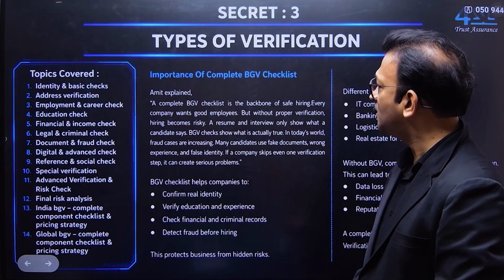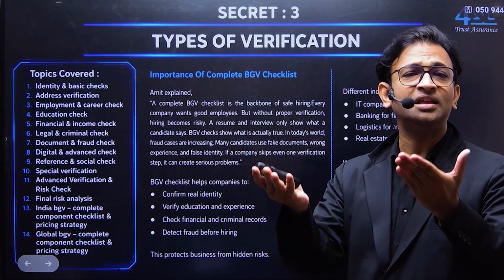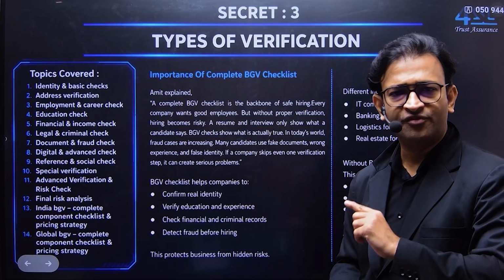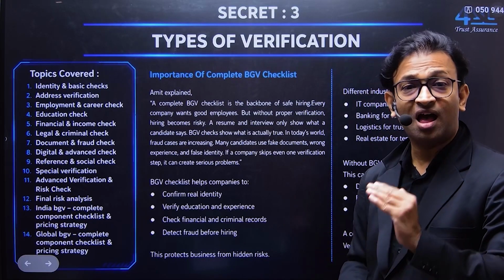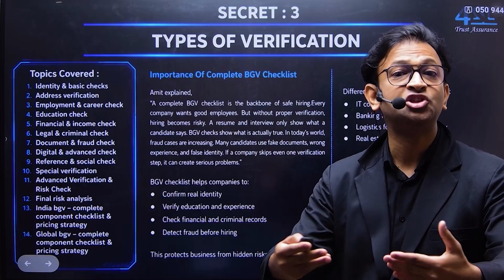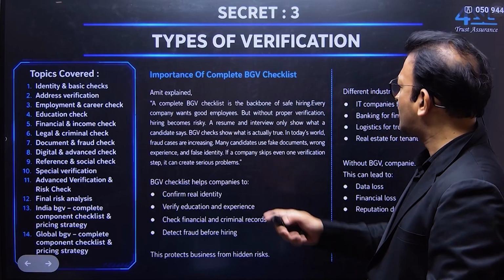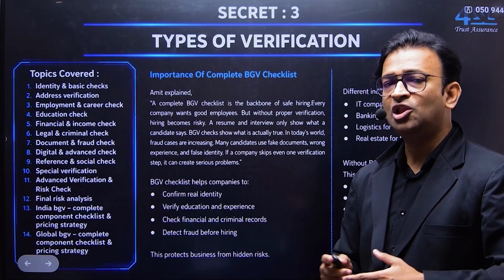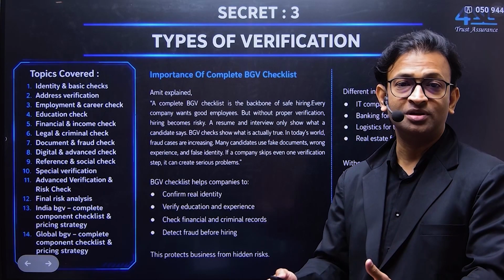In today's world, fraud cases are rapidly increasing. Many candidates use fake documents, wrong information, and false identity to get the job. If a company skips even one verification step, a lot of risks can happen later on.